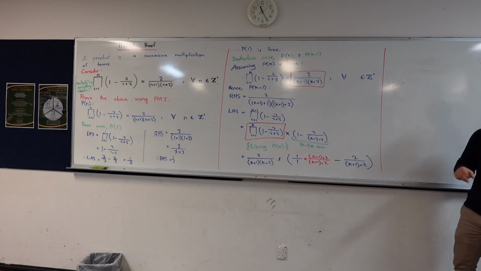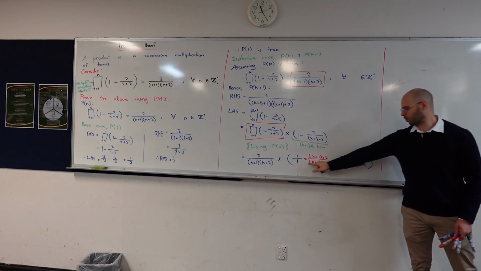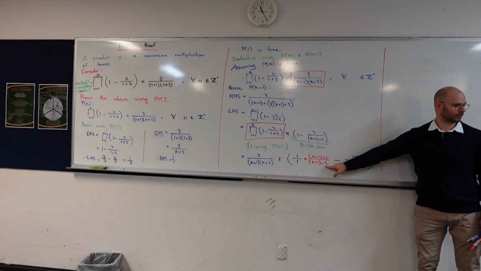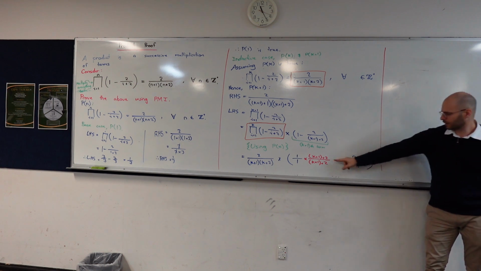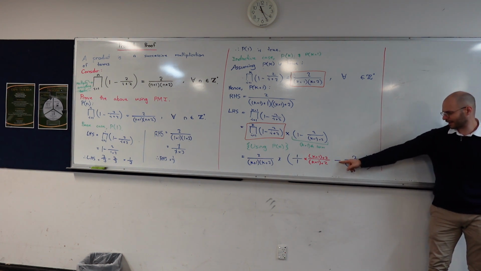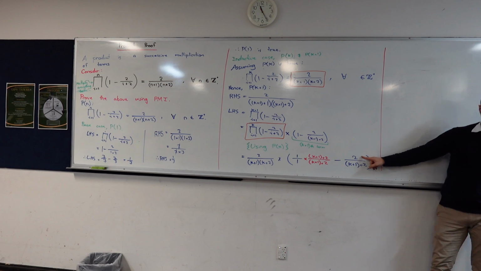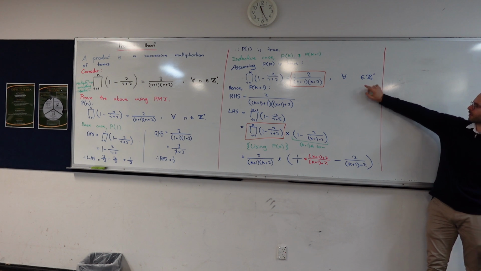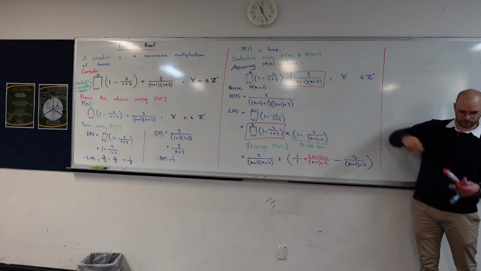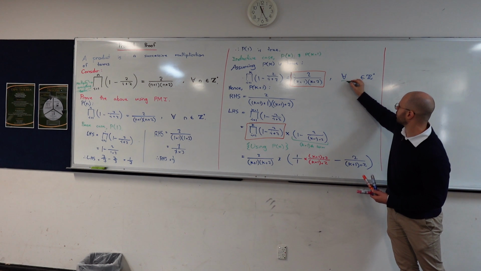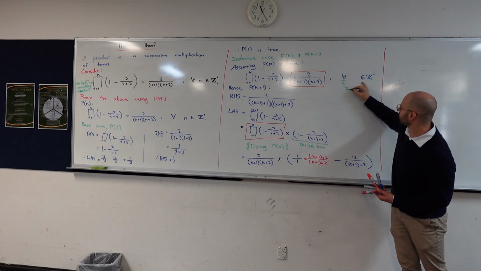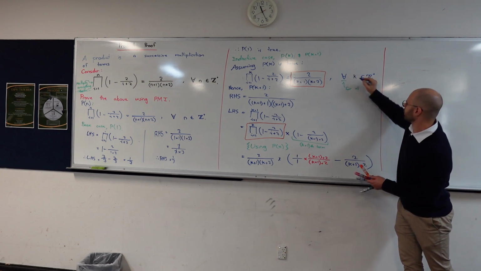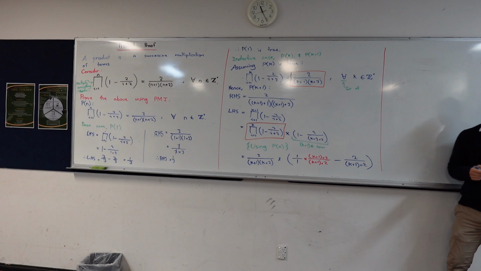Alright, now, next step. This is a little tricky. I want to save space on the board. What we're going to find is that you can just ignore the blue, and you're just going to deal with the fraction in red here. We've got k plus 1 plus 2, and we want to take away 2.